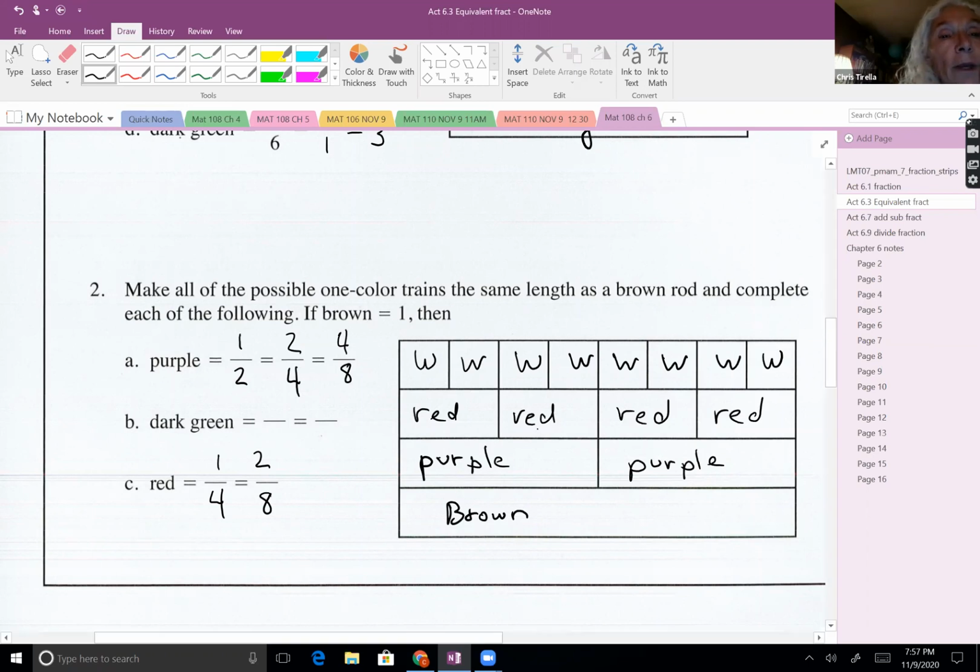And so then I think this green pen is going to be the closest I get to dark green. The dark green has a length of 6.